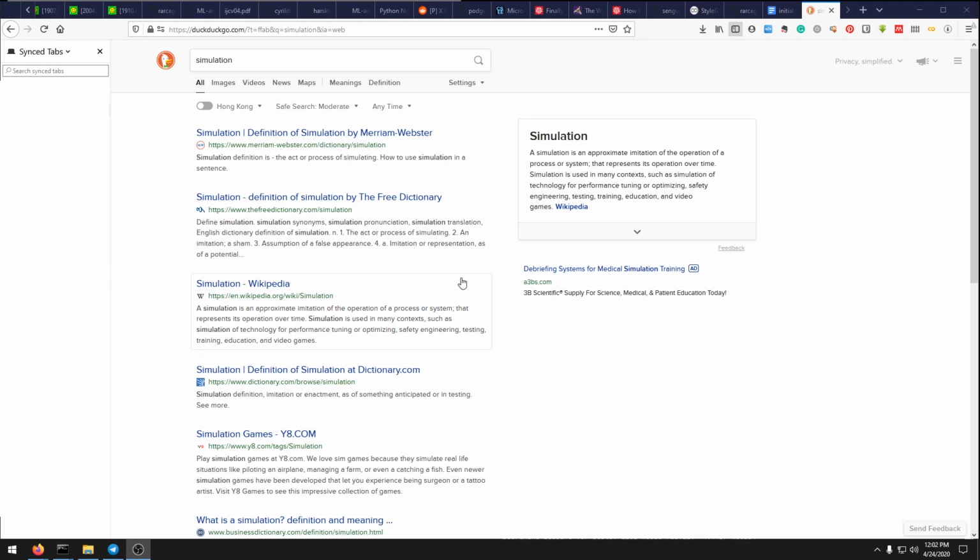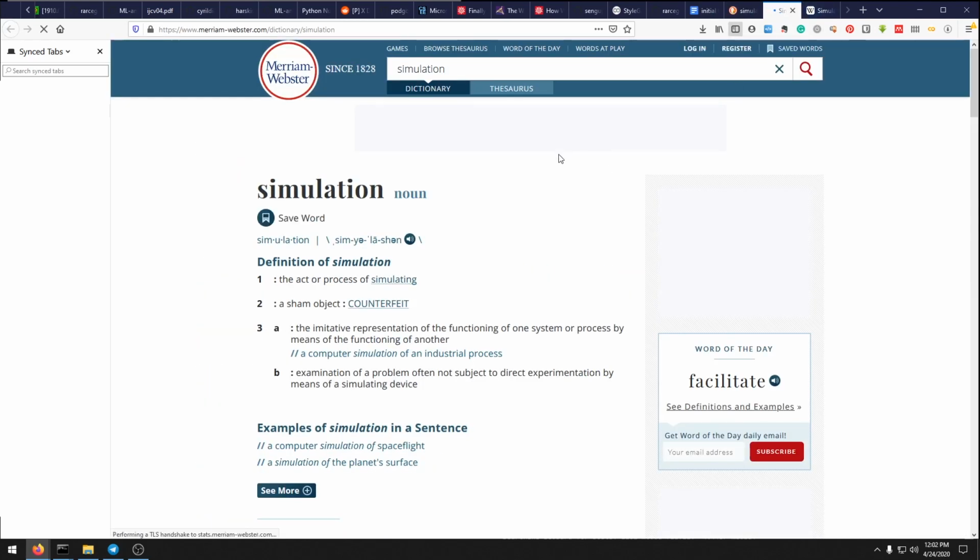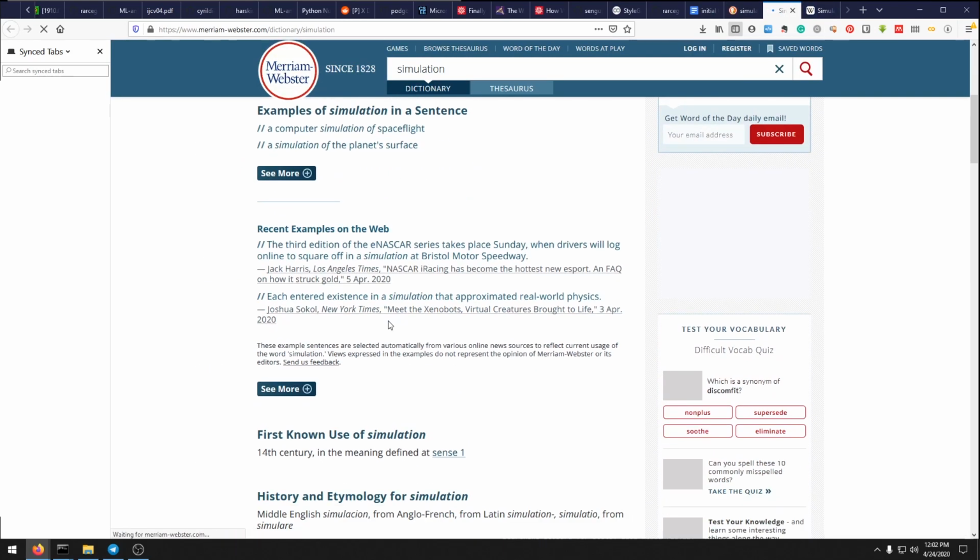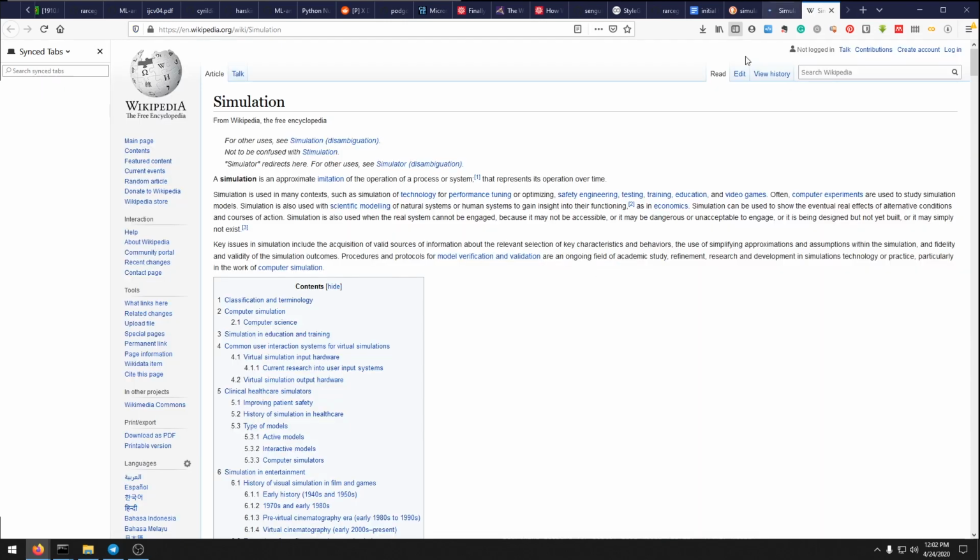So we can start from the simplest way. What is simulation? We can go to Wikipedia or we can go to the Merriam-Webster dictionary. Simulation is an approximate imitation of the operation of a process or system that represents this operation over time.